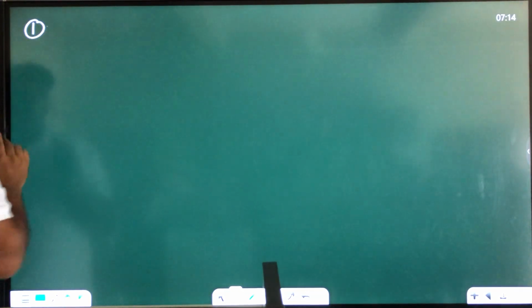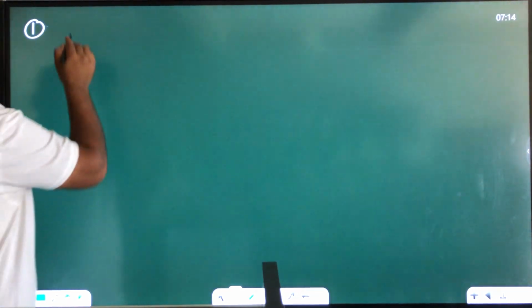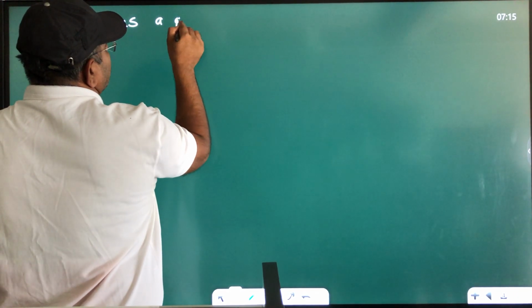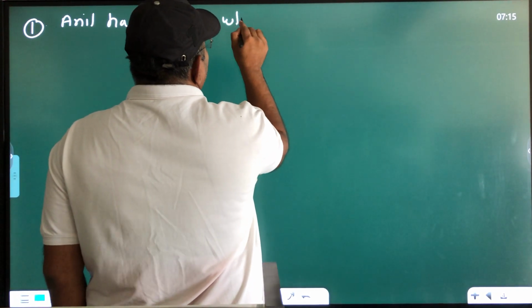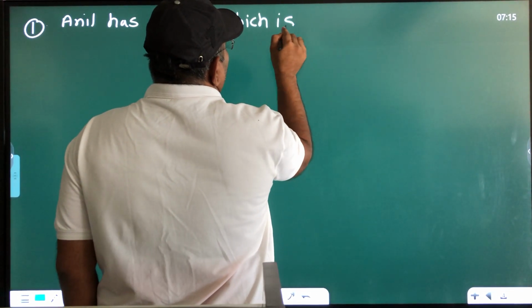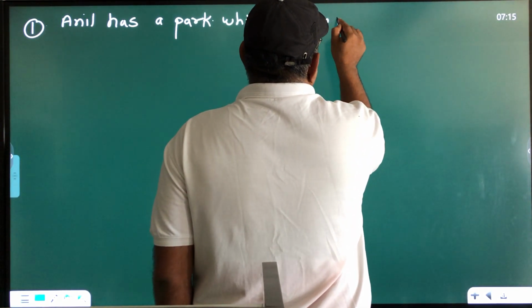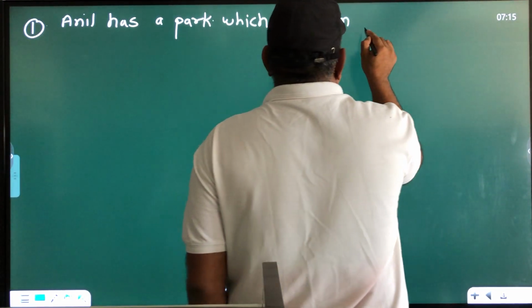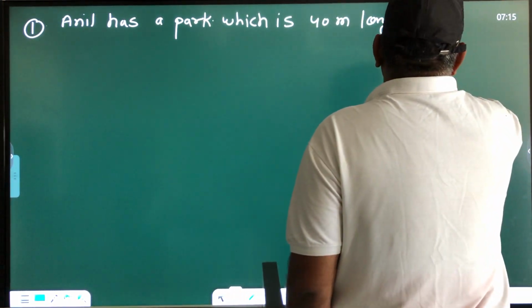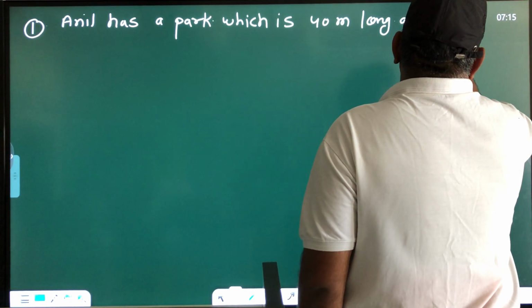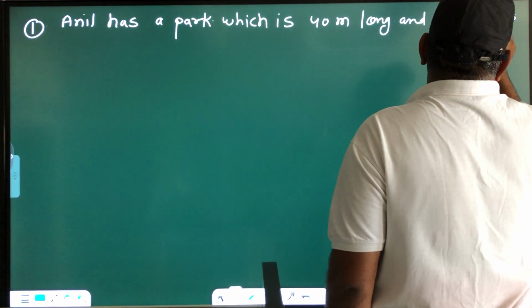Guys, look at. For example, Anil has a park which is 40 meter long and 30 meter wide.